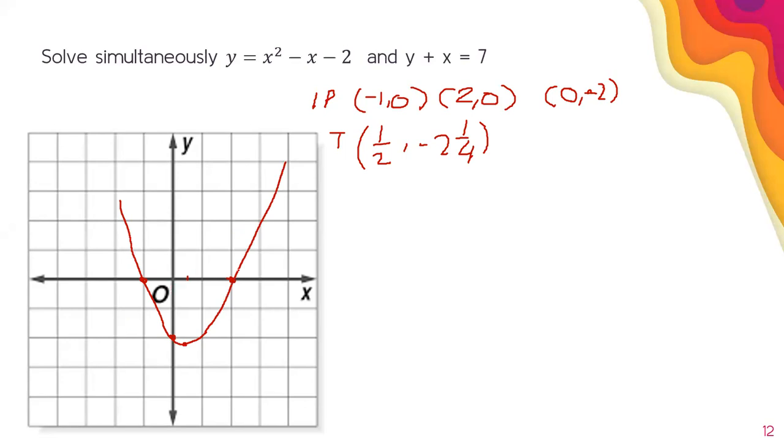Okay, and afterwards, this line, the straight line, 0, 7 and 7, 0. 1, 2, 3, 4, 5, 6, 7 around here, 0, 7 here, and 7, 0 here. 1, 2, 3, 4, 5, 6, 7, yeah, 0, 7 around here, and this one 7, 0. And we could draw the line.